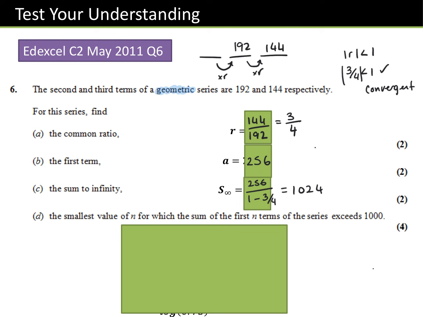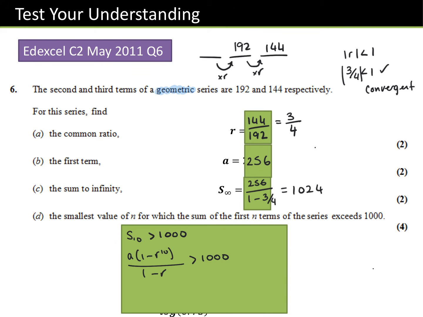Part D says the smallest value of n for which the sum of the first n terms of the series exceeds 1000. So I want to know when S10 is greater than 1000. Okay, what is S10? This is A lots of 1 minus R to the 10 over 1 minus R. This has to be greater than 1000.